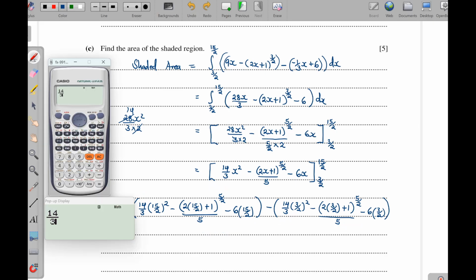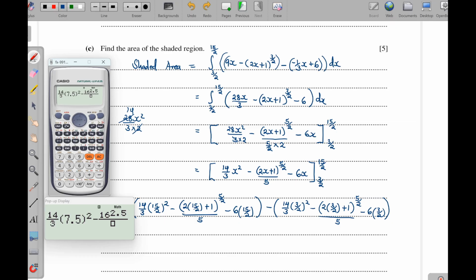14 over 3, then times, this is 15 over 2, let me just write 7.5. Then minus, up here, we are going to have 15 plus 1, that is 16, then to the power of 2.5. Then what else?